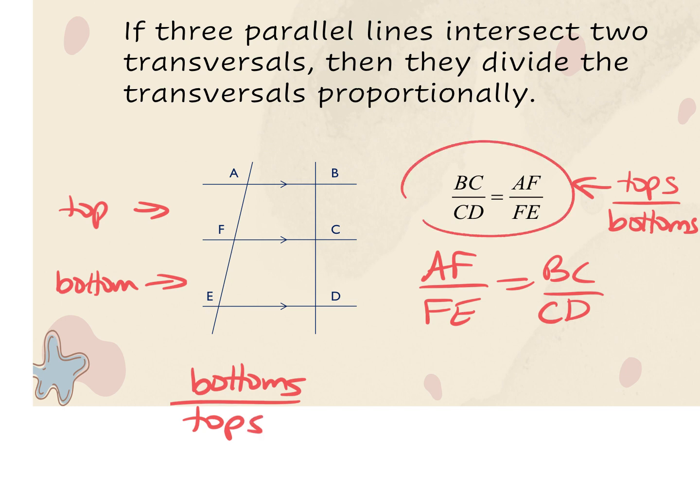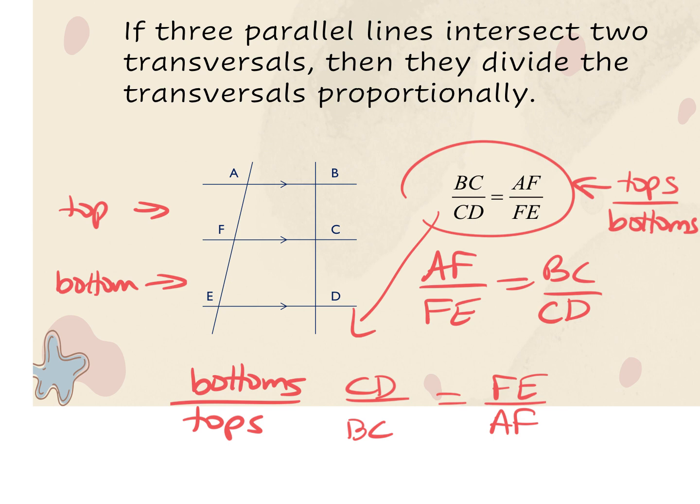So I could take this one and instead do those denominators in the top and then do the numerators in the bottom. You can flip the fractions, but you have to flip both. Just stay consistent. I think usually it's easier to memorize it where it looks natural and put the top over the bottom and think of it as the top of the fraction and the bottom of the fraction.